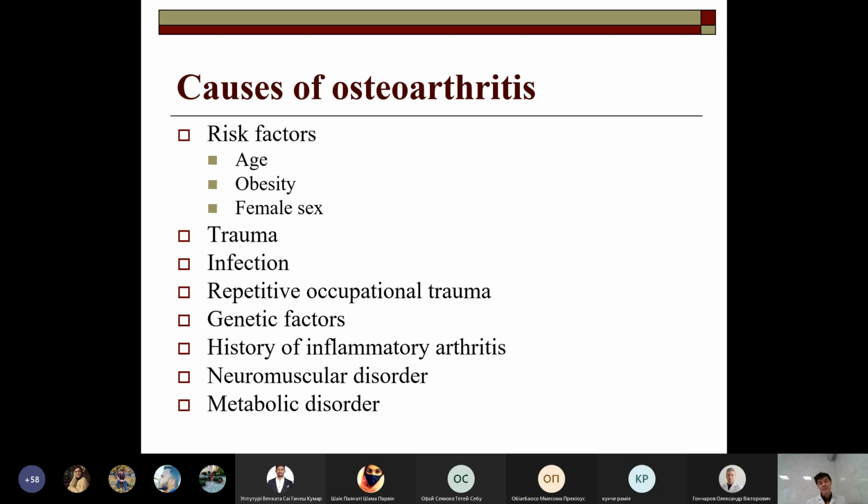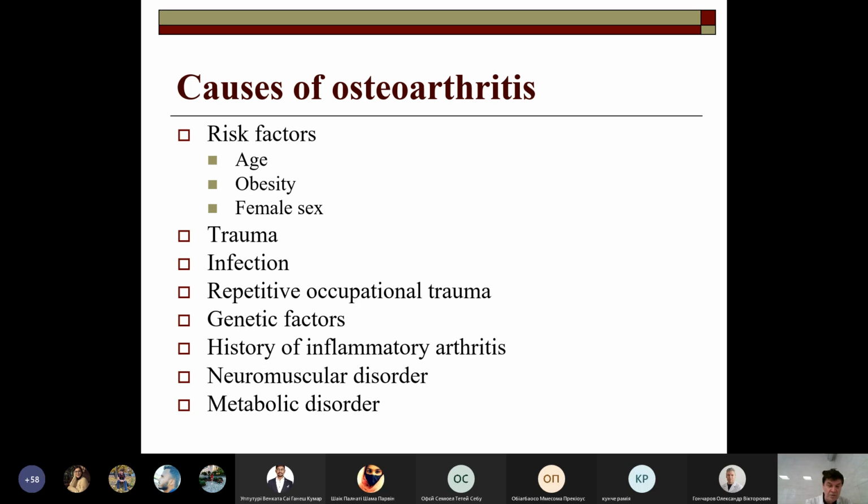Commonly, risk factors such as age, obesity, and female sex are considered to be the global factors that lead to a higher risk of osteoarthritis in the general population, independently of ethnicity and genetic predisposition.